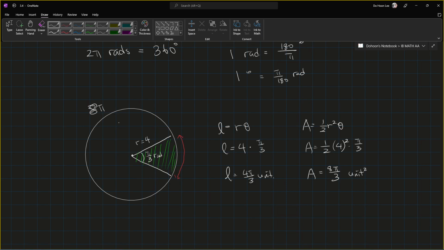Therefore, the length of an arc should be 1/6 of 8 pi. 8 pi over 6, 4 pi over 3. And same thing for the sector. The entire area of the full circle is pi r squared, so 16 pi. Again, 1/6 of that, 16 pi over 6, the area is 8 pi over 3.